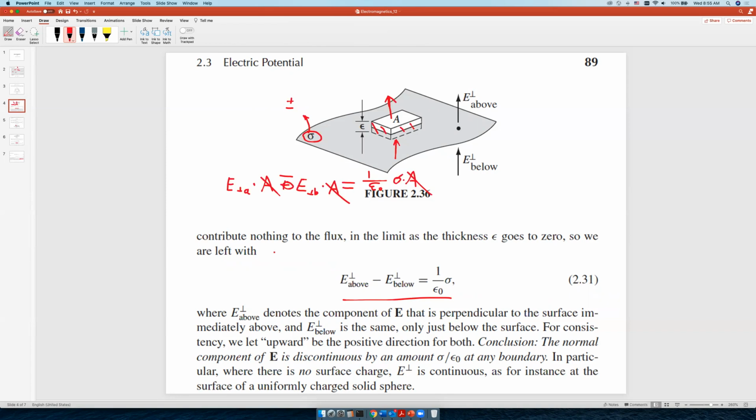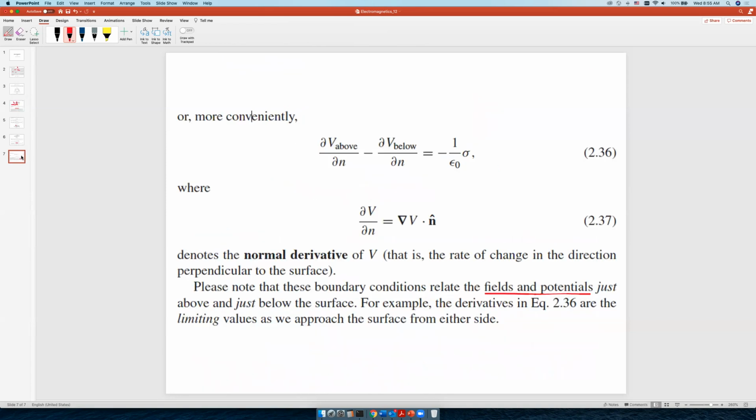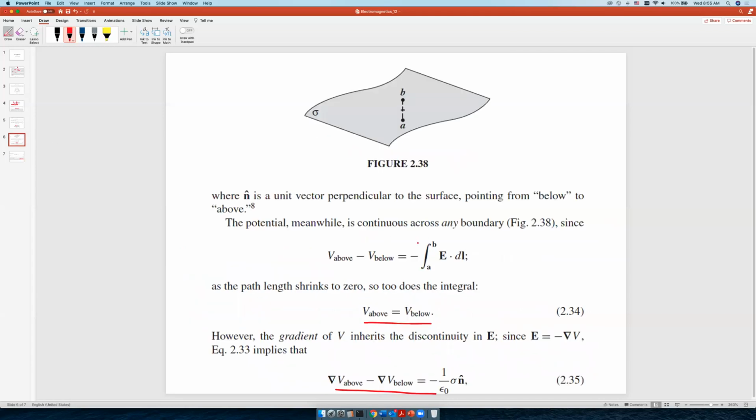But the electric potential is always continuous, no matter if there is a charge density on this surface or not. So V above equals V below. That's the main point for boundary conditions. Okay, that's all for this lecture. Thank you.